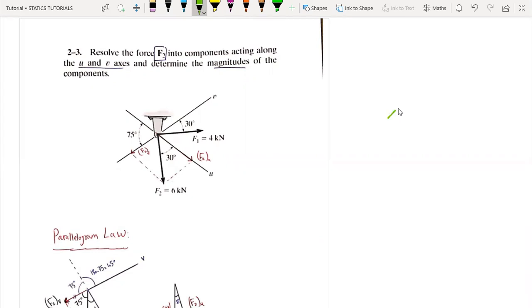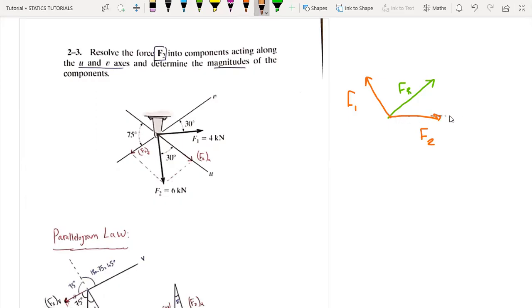Which says that if we have the resultant force Fr, and here we have the components. Let's say here it's F2, and here it is F1, and the axes are here.